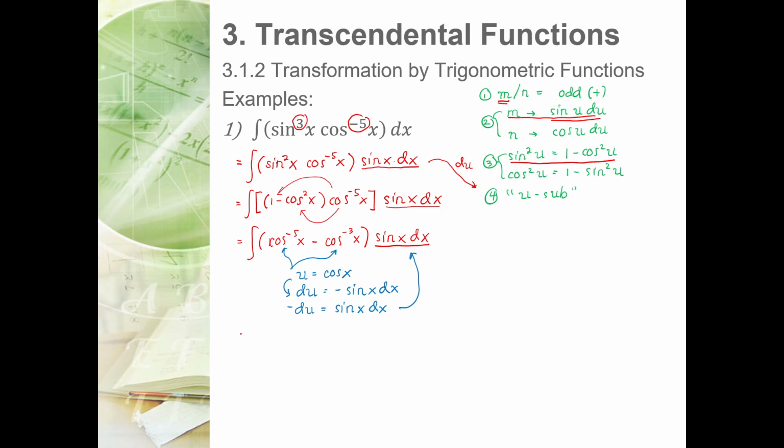Okay, so simplifying even further, we have u to the negative 5 minus u to the negative 3, and then negative du.